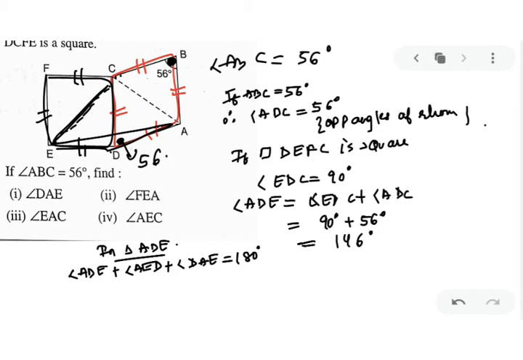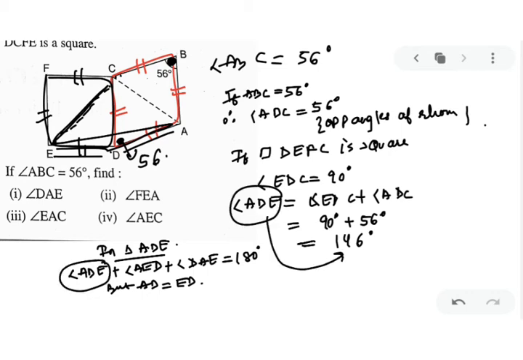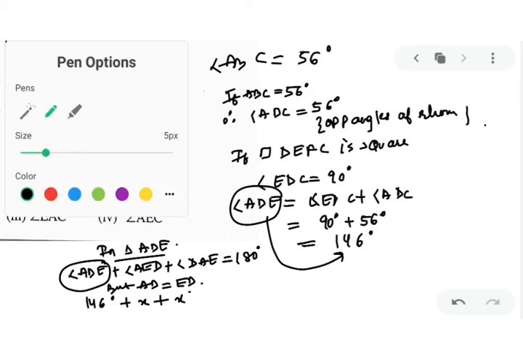Now my dear kids, if you notice AD is equal to ED, I have marked it everywhere, so you can understand. But AD is equal to ED, that means this triangle is an isosceles triangle. And you got the value of ADE as 146, so you can put 146 here. And AED you can put as x, DAE also x, because they are the base angles of an isosceles triangle.